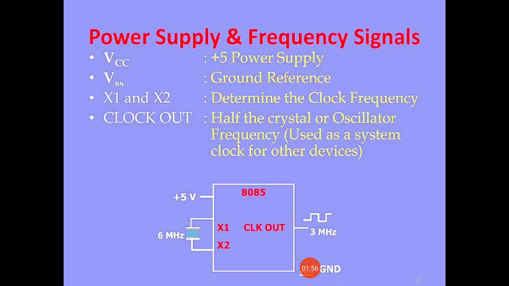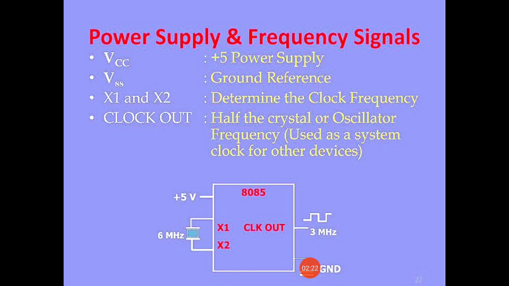For the operation of the microprocessor we need a power supply. So a single plus 5 volt power supply, again I am repeating, a plus 5 volt power supply is given to the pin VCC. Then comes VSS. Here we give the ground.